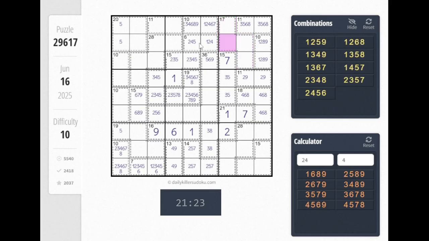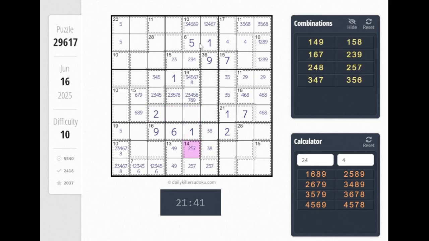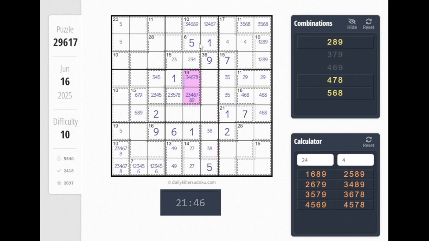Alright, let's try this. So this has to be 289 in this case.